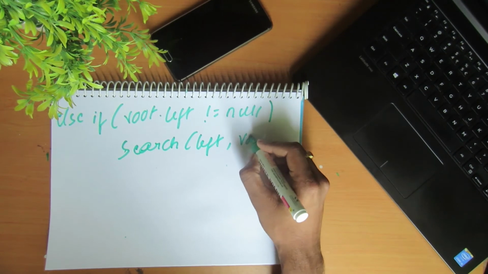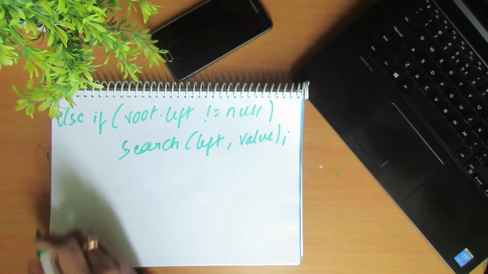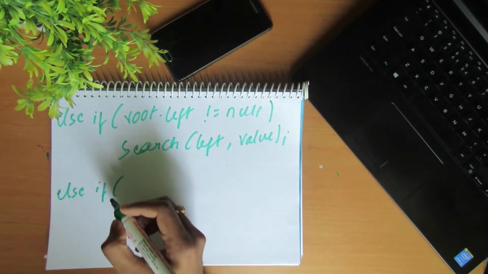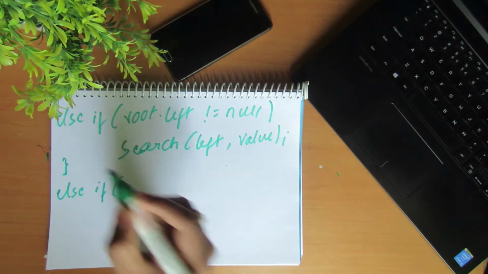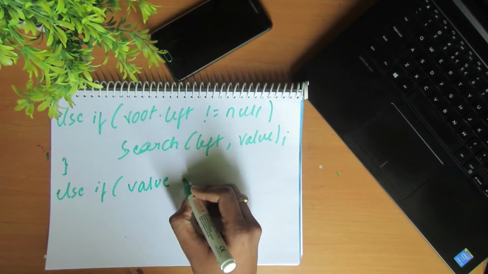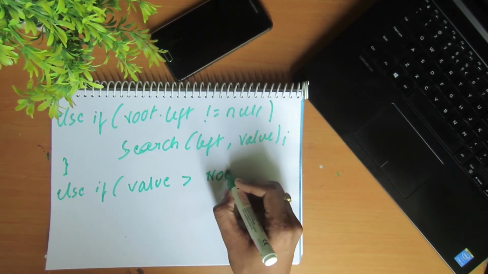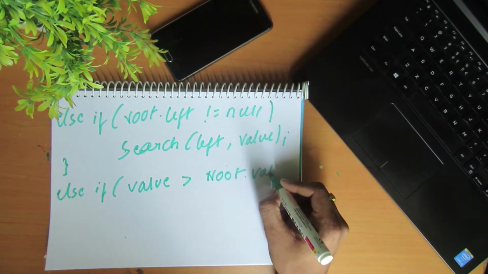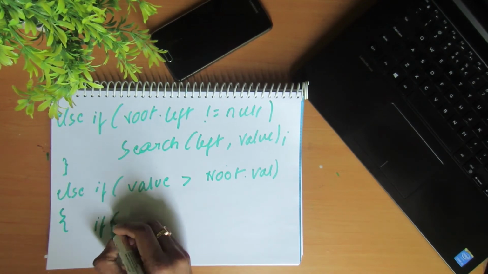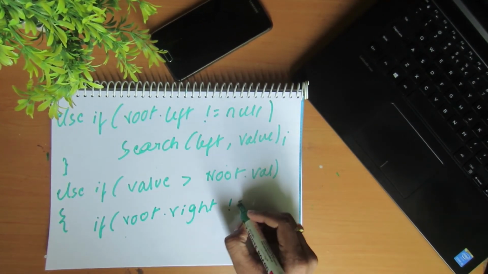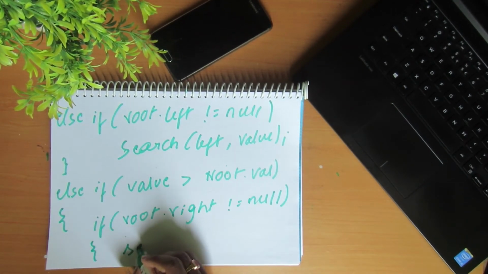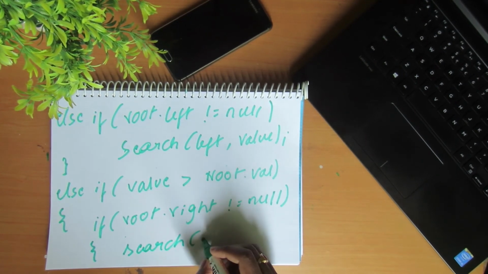And else if the key value is greater than the root's value, then we have to move on to the right subtree. So we have to do the same check. If the right subtree is there, only then we have to search on the right side.